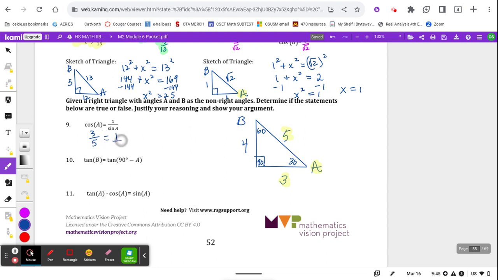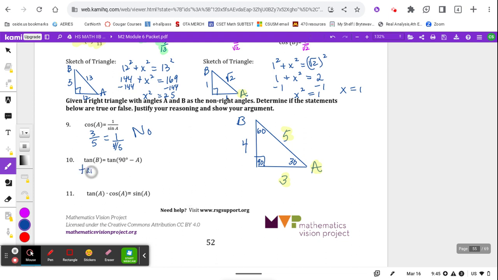And then 1 over the sine of A means 1 over 4/5. Is 3/5 equal to 1 divided by 4/5? We get not the same answer. We get 5/4. 5/4 is not equal to 3/5. So number 9 is not true. If we can think of one counterexample, like this one scenario, then it's not true.